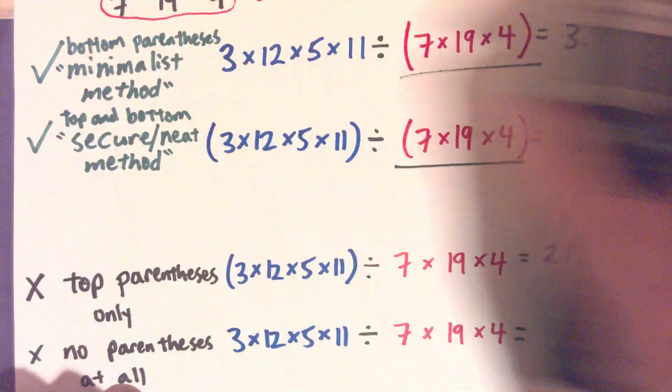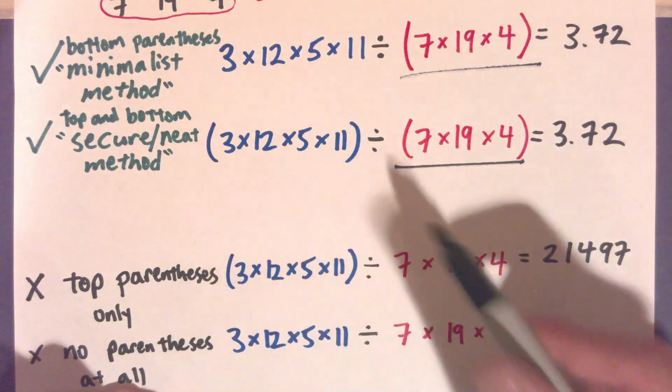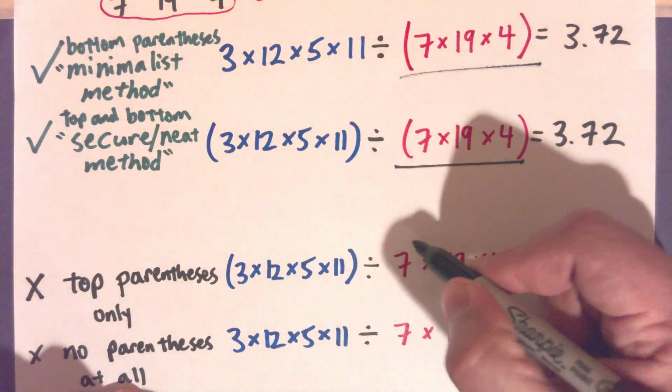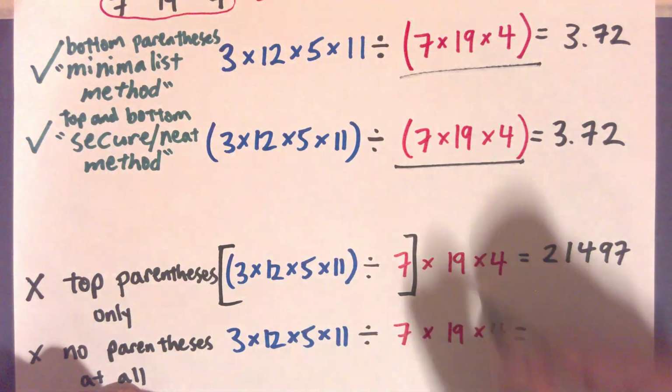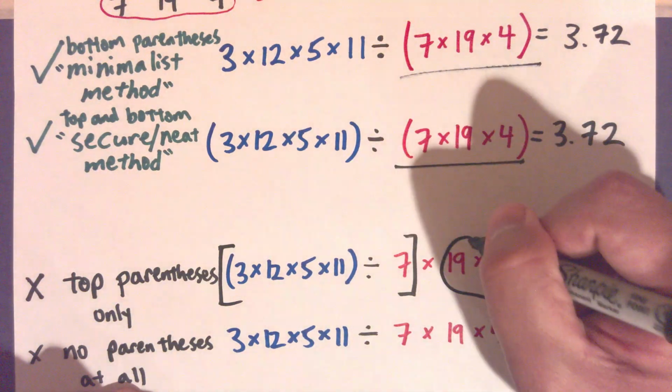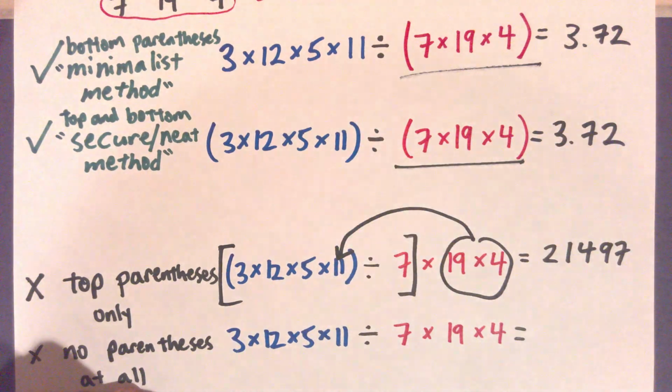And if you're curious what happened, in the mind of the calculator, it thought that you were trying to do that, okay? And so what it did in the mind of the calculator is it threw those 2 numbers into the numerator.